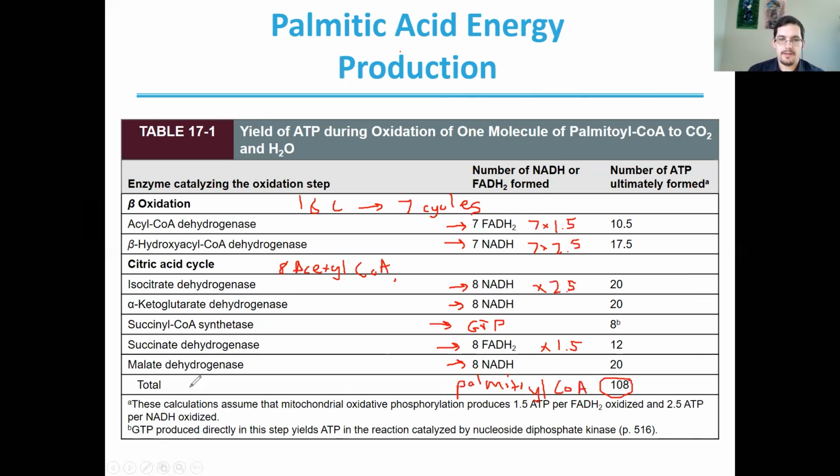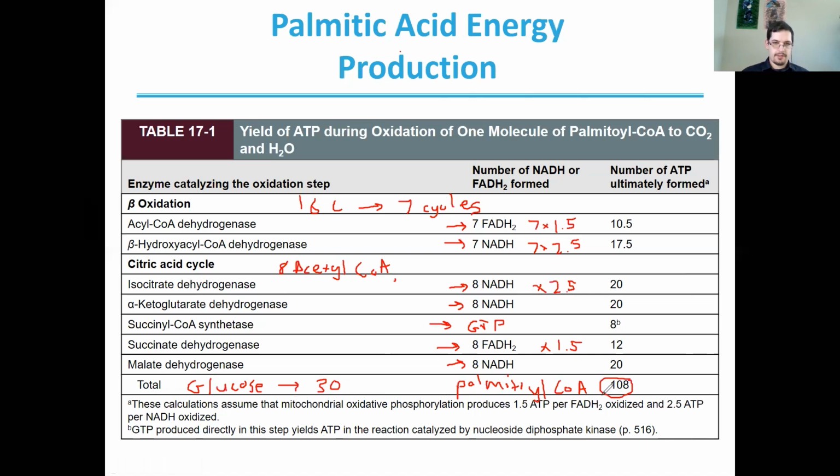So if you compare that to glucose, remember glucose produces 30 to 32 ATP. So you have 30 ATP for 1 unit of glucose versus 108 for 1 unit of palmitoyl-CoA.